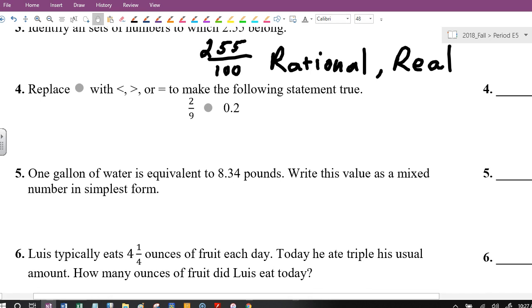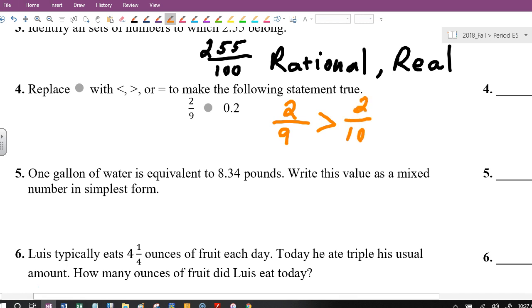Number 4. Who wants to do that one? All right, do you have a name, sir? Gabe. How did you do this problem? I basically changed the decimal into a fraction. What fraction do you have here? 2/10. All right, 2/10.